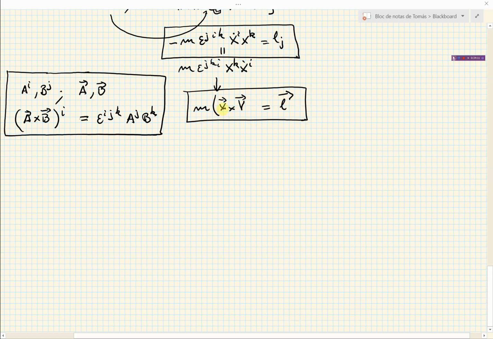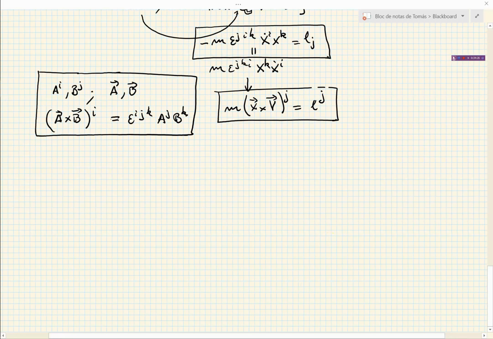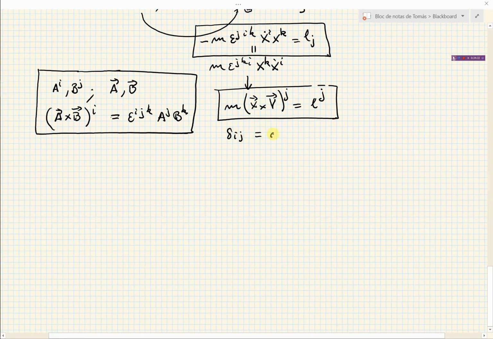And if you write the component j, then you write the component j. Here I'm not distinguishing between indices up and down. This is why I'm a bit sloppy, but the only metric that plays a role here is delta ij, which is positive and the same as its inverse, so we don't care very much about the position of the indices in this three-dimensional setting.